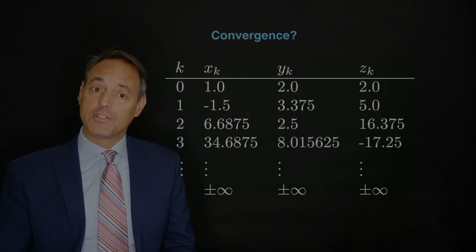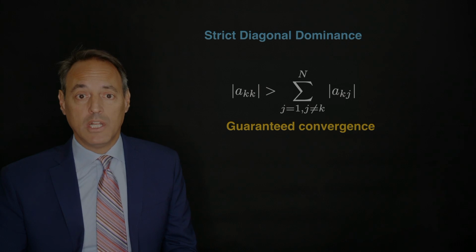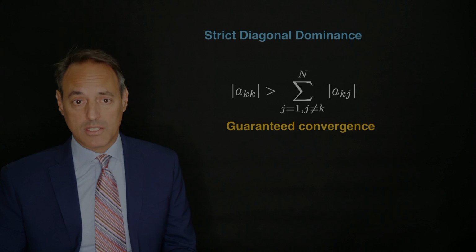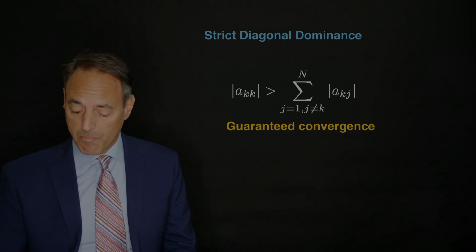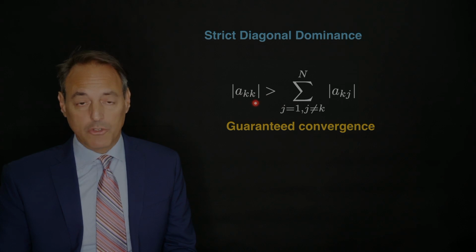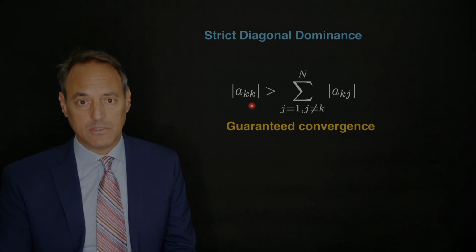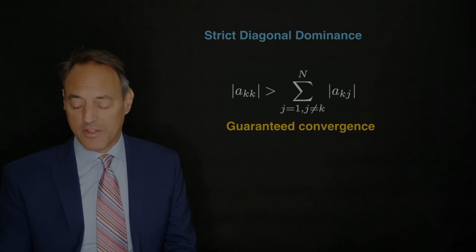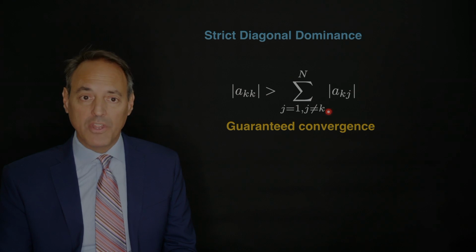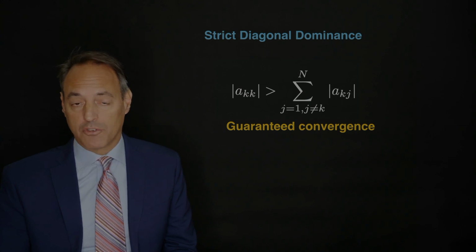So here's the theoretical underpinning of when you can get this to work and when it does not work. It's called the idea of strict diagonal dominance. And this is a really important concept for iterative schemes, which basically, to have strict diagonal dominance, you take the diagonal term of, let's say, the kth row, you take its absolute value. If it's bigger than the sum of all the other elements in that row, then it's strictly diagonal dominant.